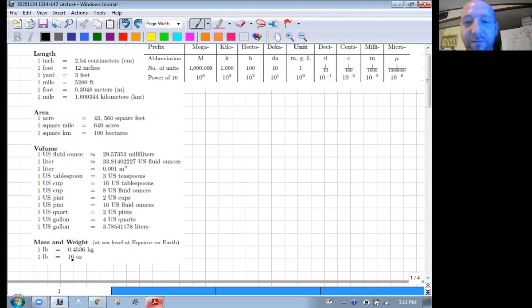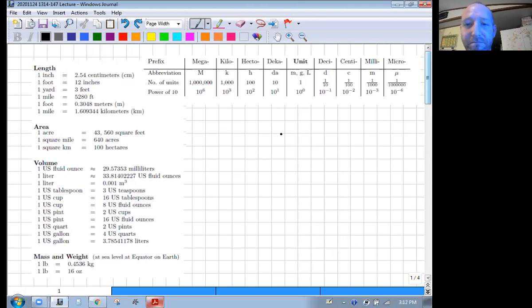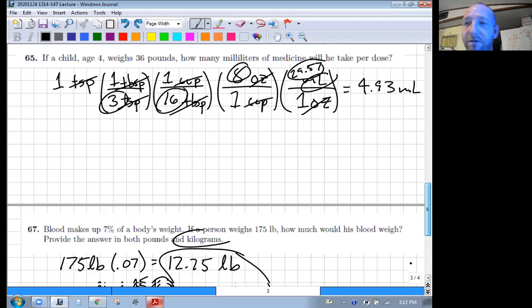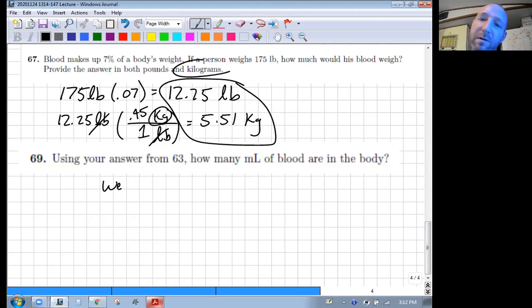They're asking us to convert a weight to a volume. And in order to do that, we'd need to know the weight of blood per volume. And we don't know that. If we knew that, then we could convert our weight to milliliters.